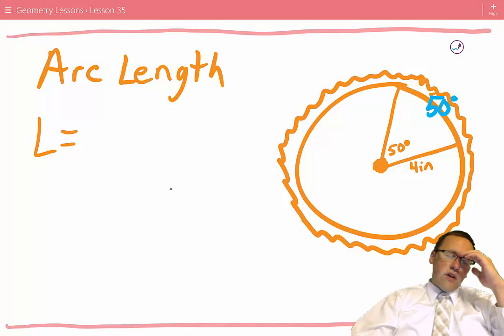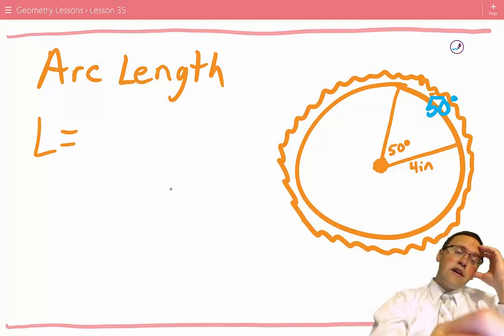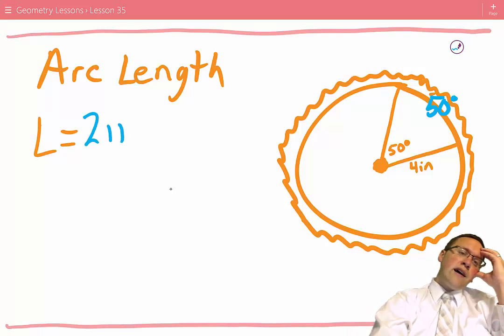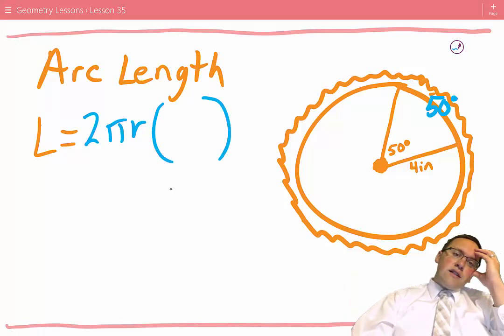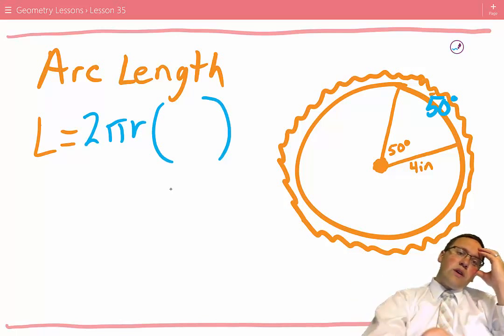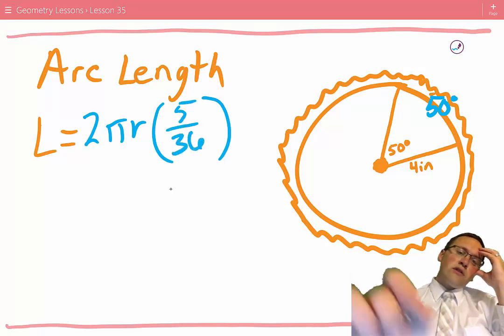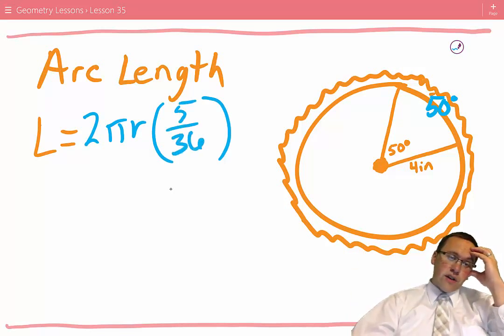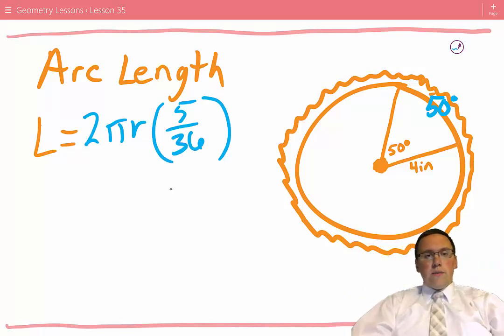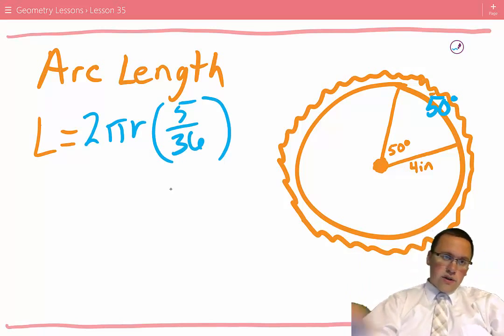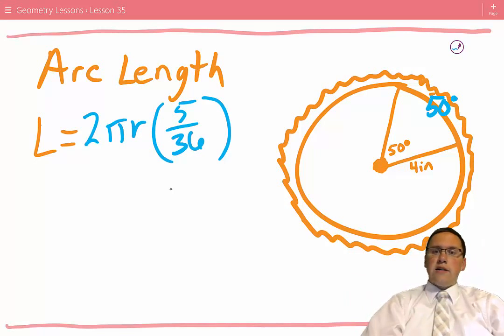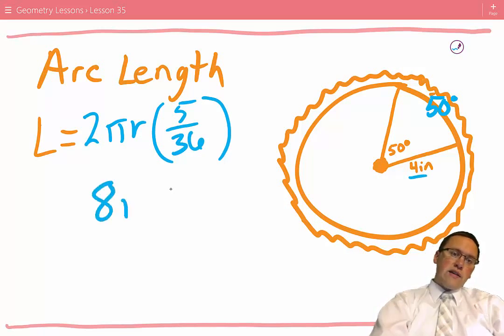Using the same logic as our area, we do 2 pi r times the fraction of the circle that this arc length comes from, and again we have 50 over 360, which reduces to 5/36. So the 2 pi r would be 2 times pi times 4, which would give us 8 pi times 5/36.